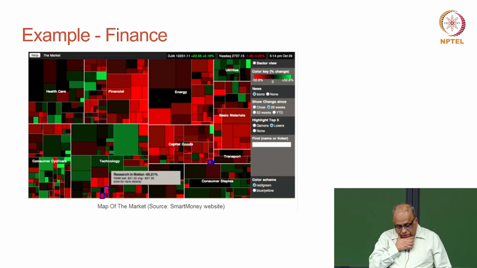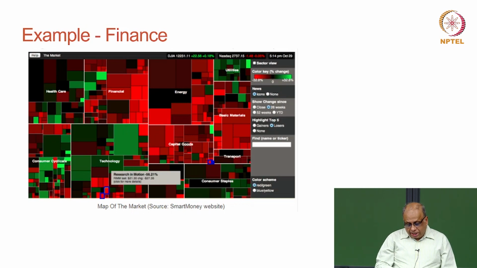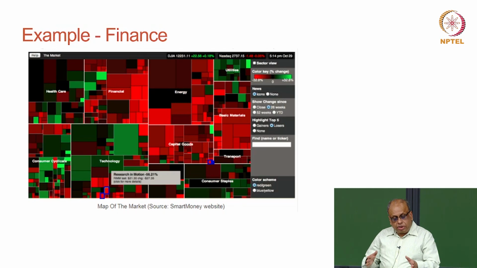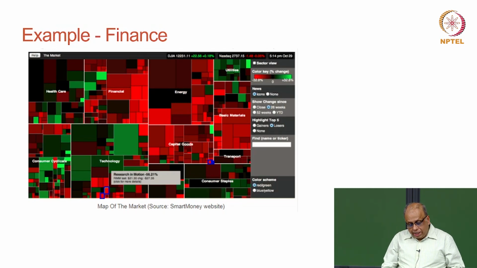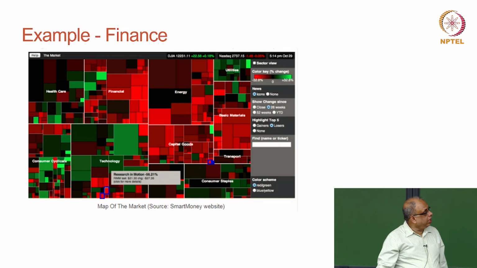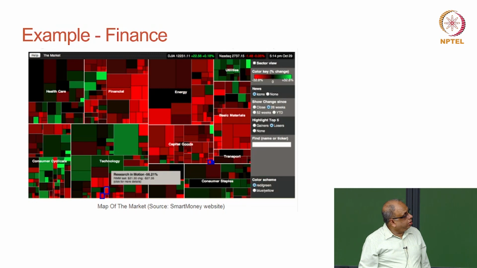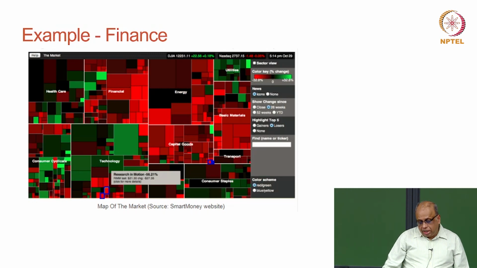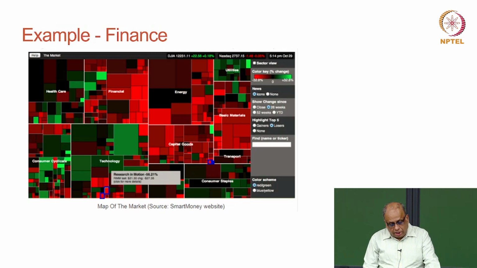So here it shows a finance kind of stock visualization, where for the different sectors, for example, stocks in the energy sector, stocks in the healthcare sector, those are broken up, and then within each of them individual stocks are again broken up. And here the red color is showing if the stock is going down, and green color is showing if the stock is going up.